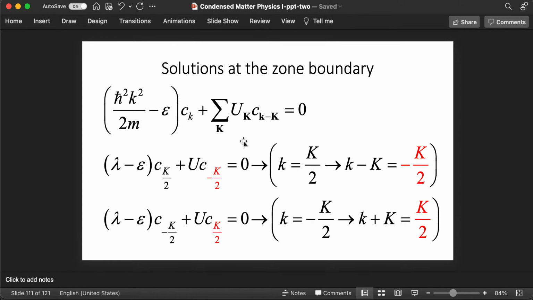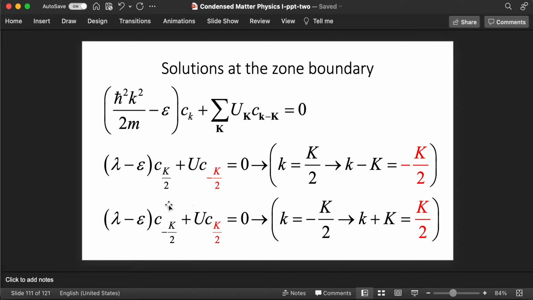Now, given this, I can write down the two forms of the Schrodinger equation for capital K by 2 and minus capital K by 2. If I set the wave vector equal to capital K by 2, then there is this Ck minus capital K here, and that can be written as C minus K by 2, because I can shift it by minus capital K, and that will become minus capital K by 2, and I get this equation.